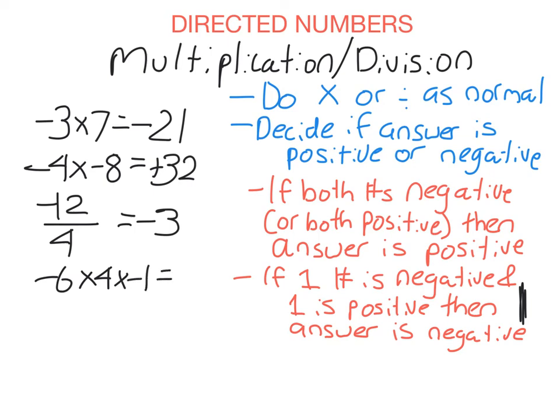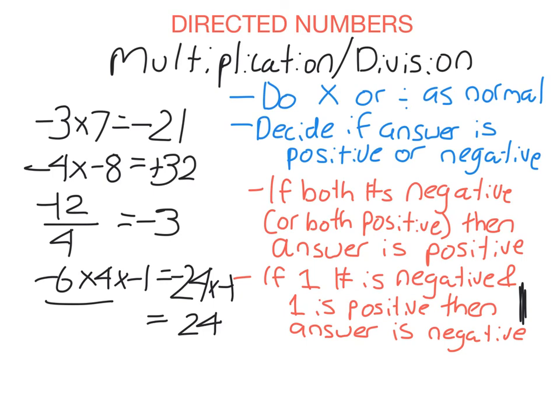In those cases, I do the first two, then I get the answer and multiply it by the next number. So 6 times 4 is 24, but only one of the numbers was negative, so negative 6 times 4 gives me negative 24. Then I times that by negative 1. So 24 times 1 is 24, both numbers were negative, and so the answer must be positive.